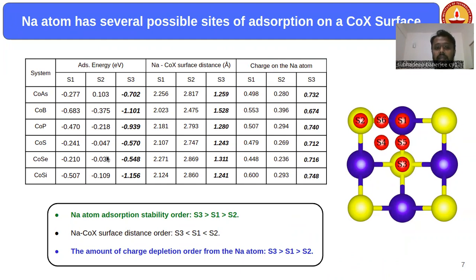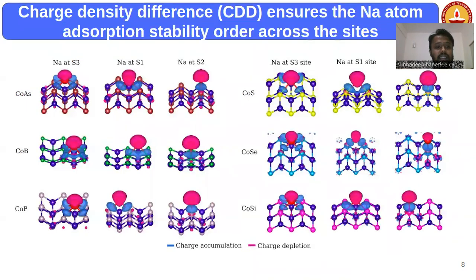To further understand the adsorption stability order, we performed the charge density difference calculation. Here we can see that the charge depleted from the adsorbed sodium atom is distributed through 4 non-metal atoms at the S3 site adsorption.